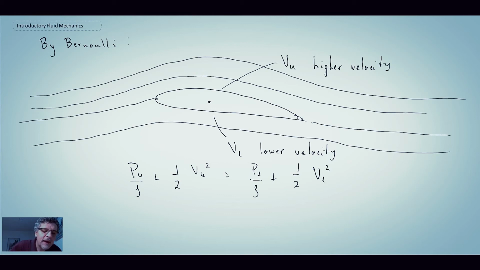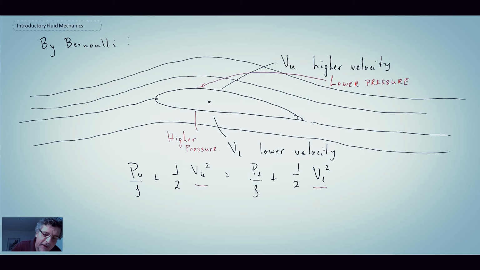If we have V lower and V upper higher, and the left and the right have to equate to one another, the consequence of that is that up here we have a lower pressure, and I'm denoting the region above the airfoil. And then down here, with respect to that, this is a higher pressure.